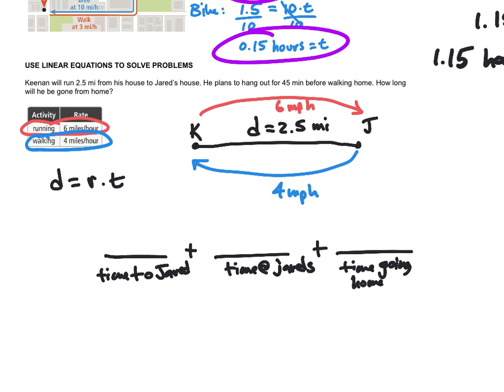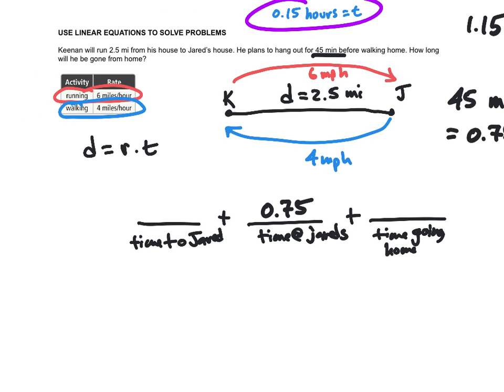So the first thing I want to do is figure out the time for each. The time at Jared's, I know that's going to be 45 minutes. Now, 45 minutes is equivalent to 0.75 hours, because this is going to be in terms of hours, since we're given miles per hour.